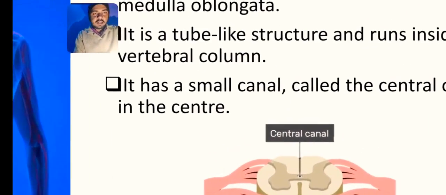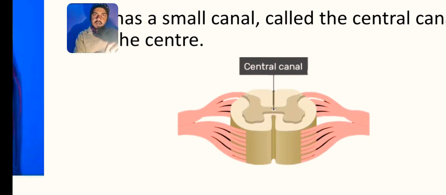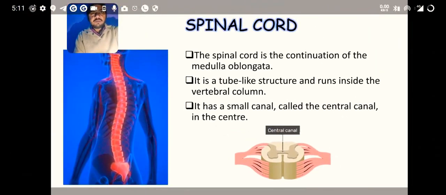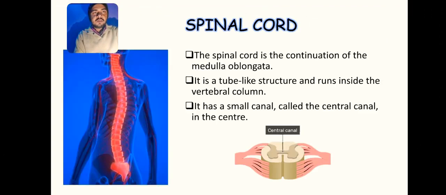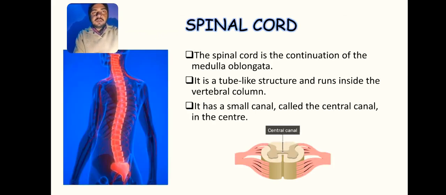The central canal is a small hole present in the middle of the spinal cord and it runs from the top to the bottom, through all the 33 vertebrae, and it's called the central canal. This much only we have to understand. You understood this much, no problem till now.